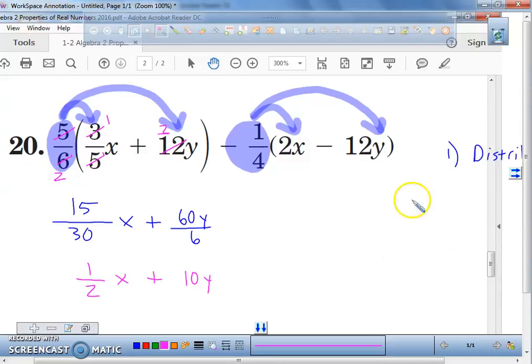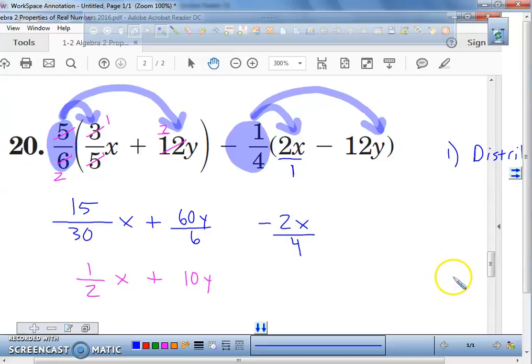All right? Now we're going to go over here. Right here we have -1 over 4 times 2 over x. So if we multiply the 1 and the 2x, we're going to get what? Negative 2x over, remember this is over a 1, right? That's over a 1, so over 4.